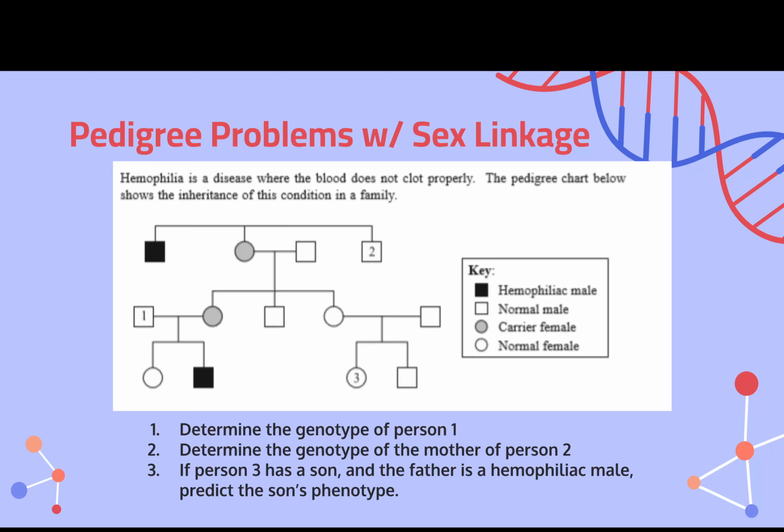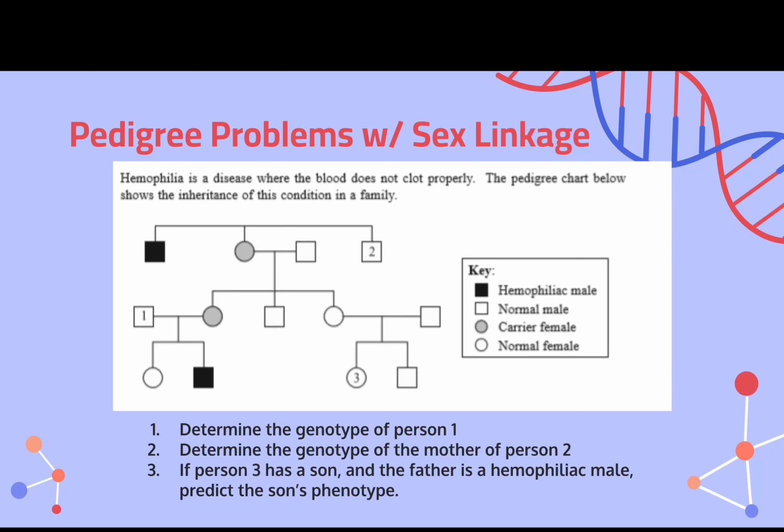However, to determine whether or not she was 100% affected or a carrier, we look at number two. They're a normal male, which means that they had to have gotten a normal X chromosome allele from somewhere.